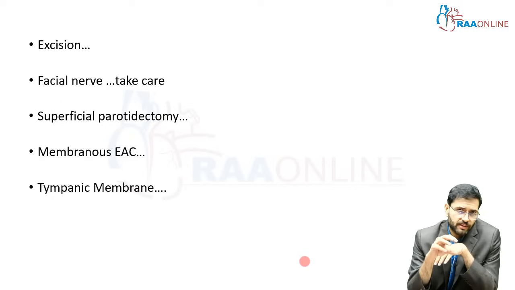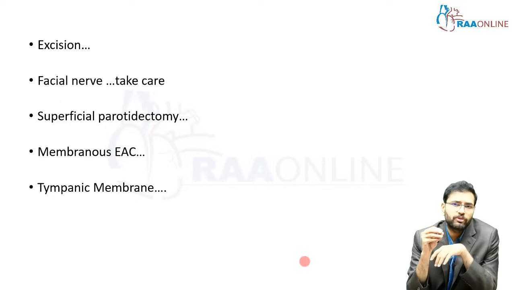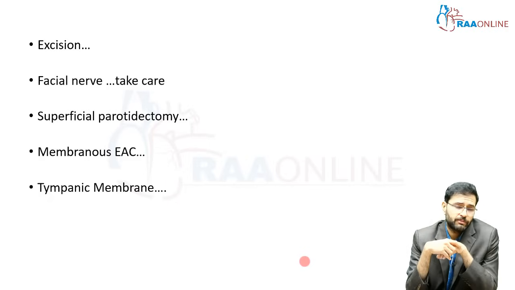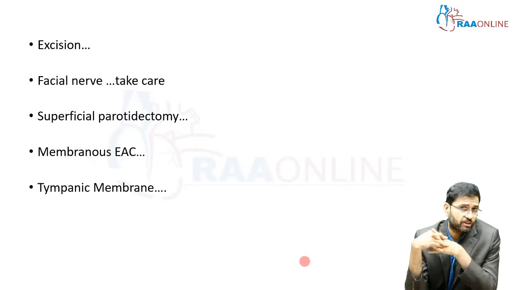As the cyst or the sinus or anomaly is being excised, the membranous portion of the external auditory canal might also have to be excised. Sometimes we can have extension of this into the tympanic membrane, which might require a reoperation at a later date.